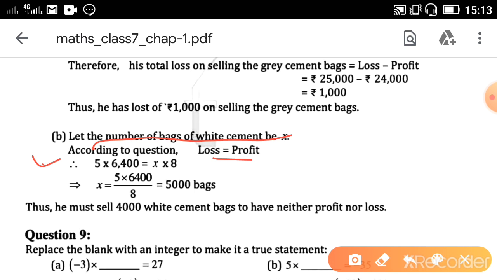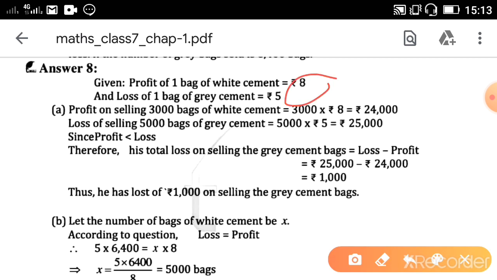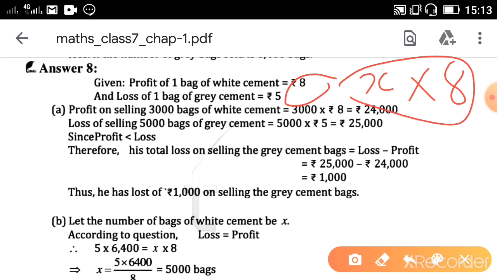On the white cement, you can see there is a profit of 8 rupees. So number of bags X and profit per bag is equal to 8. So that is for the white cement. Now grey cement, how many bags are there? 6400, and there is a loss on the grey cement bags.